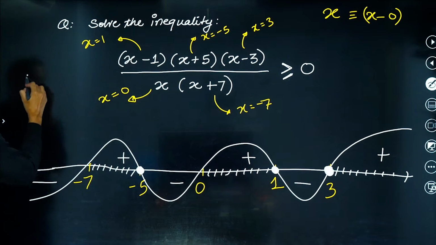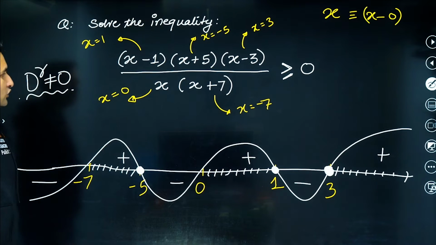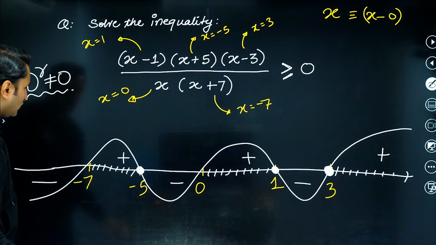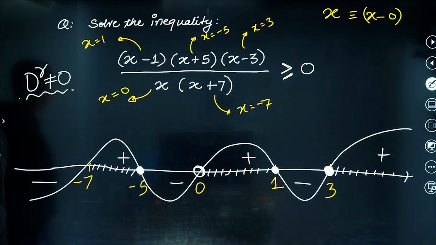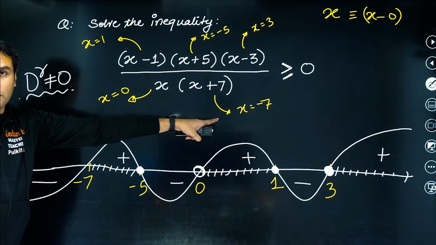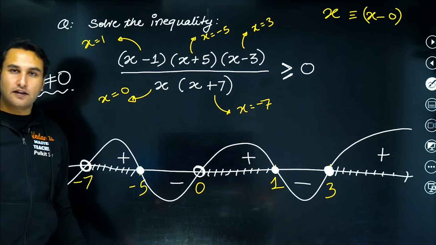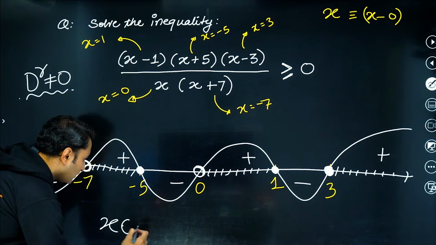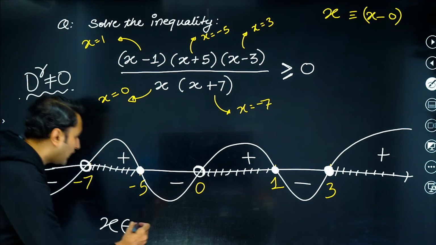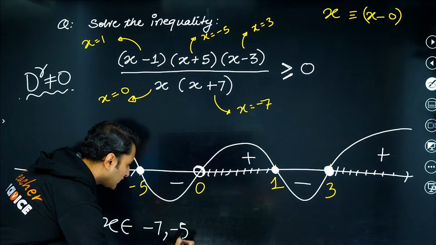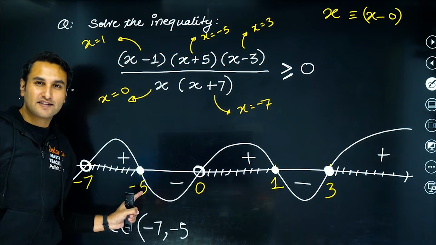Denominators cannot be 0, always, always, always. So the denominator is not 0: x cannot be 0, open, make it a big open, and x cannot be equal to minus 7, open. Now write the answer, x belongs to: minus 7 to minus 5, minus 7 open, minus 5 closed.